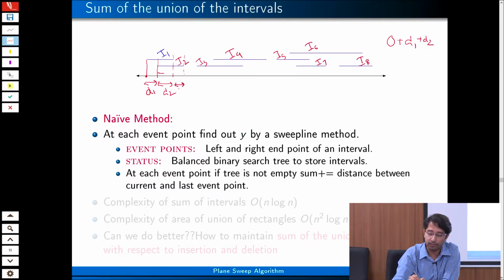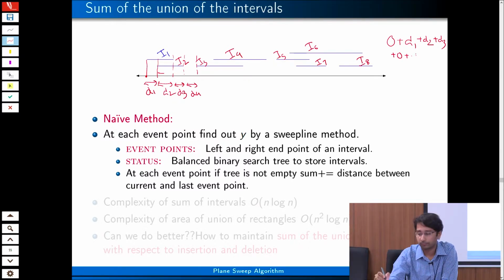Is there any active interval? Yes. I delete I2 from the balanced binary search tree. Is there any active interval previous to this? No. We add 0. Clear? A basic application of a plane sweep line algorithm. Clear, everyone? How much time will it take?